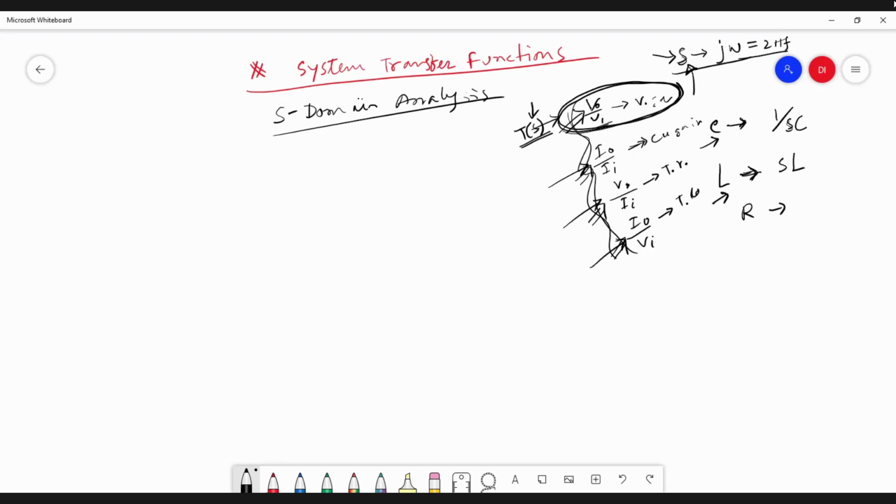So we can write the general form, T(S) is equal to K, and in the numerator usually we put S minus Z1, S minus Z2, and S minus Zn.